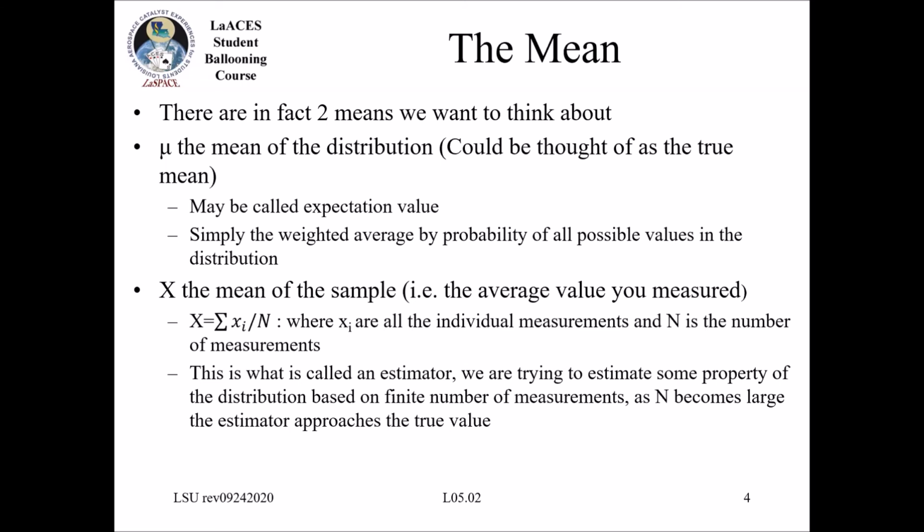And as you take more and more measurements, it becomes closer and closer to what that true distribution mean is. So if I was to take an infinite number of samples, these two means or averages would become the same thing.